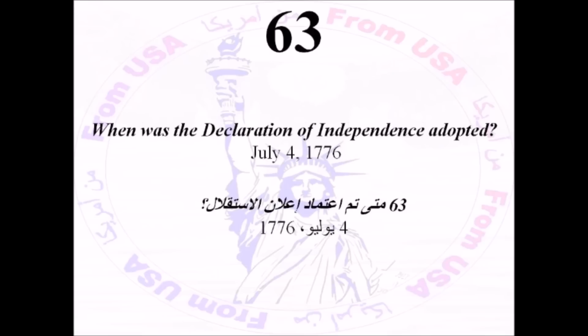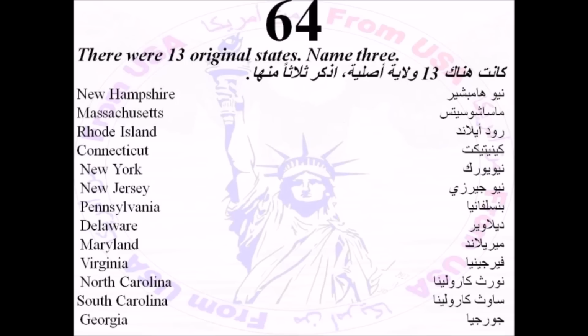63. When was the Declaration of Independence adopted? July 4th, 1776. 64. There were 13 original states. Name 3.